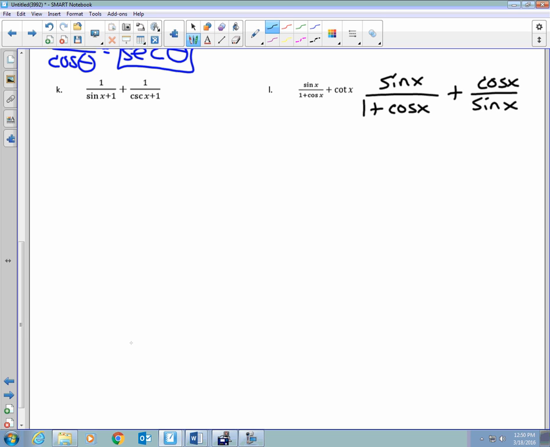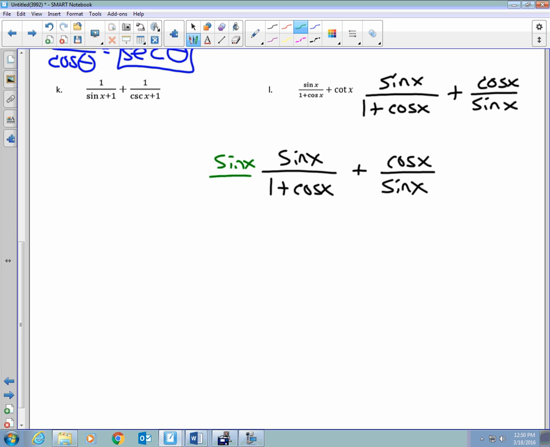So I'm going to take sine of x over 1 plus cosine of x and cosine of x over sine of x. I can multiply top and bottom of each to get a common denominator. So sine of x over sine of x, and 1 plus cosine of x over 1 plus cosine of x.